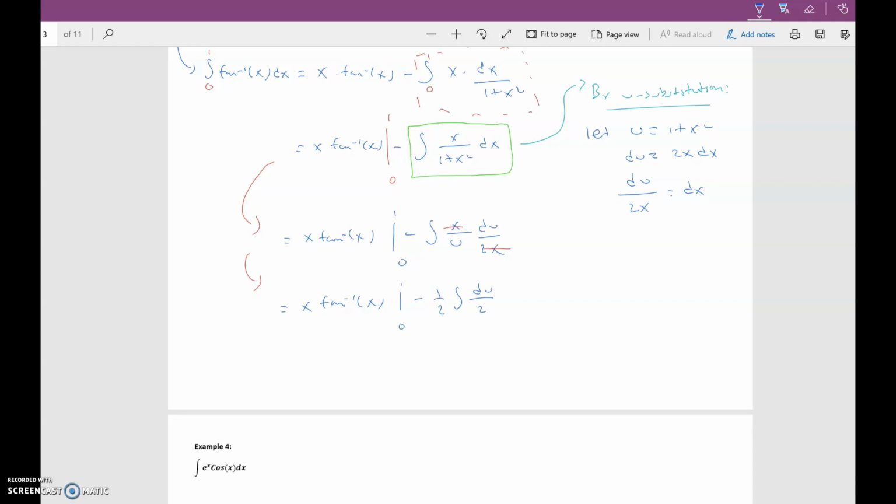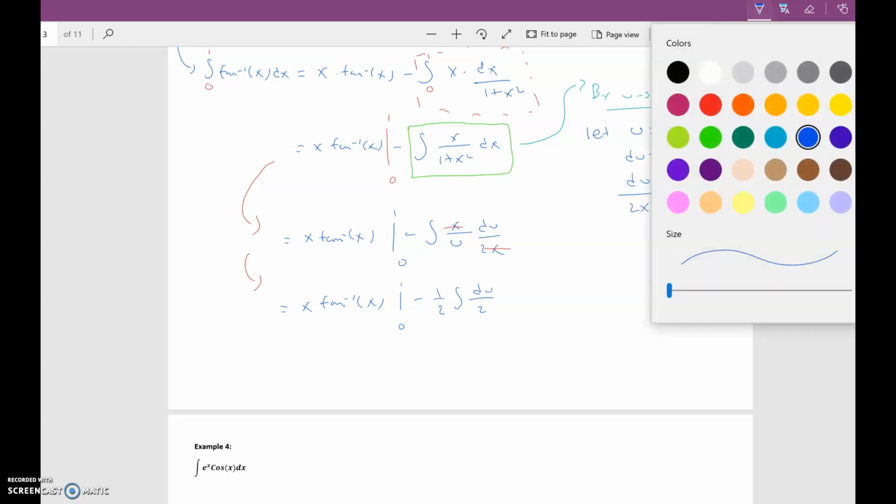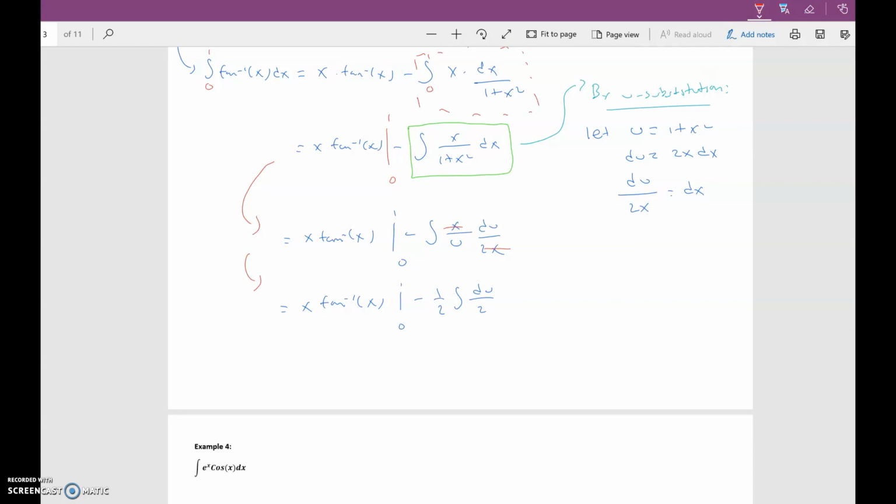And then for limits of integration, since the original integral went from 0 to 1, let me just do the limits here. So for x equal to 0, u is equal to 1, and for x equal to 1, u is equal to 2. And let me just double check.